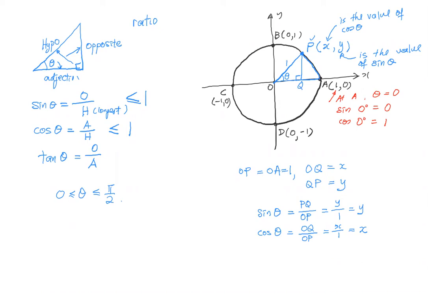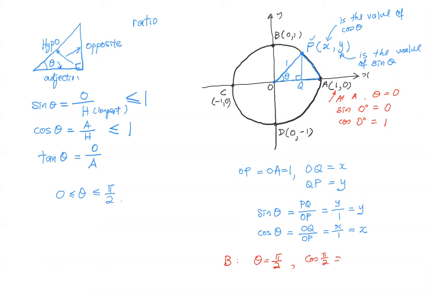Are you okay? Now, at point B, what is the angle theta then? 90 or pi by 2. Okay, can you tell me what is cos pi by 2?